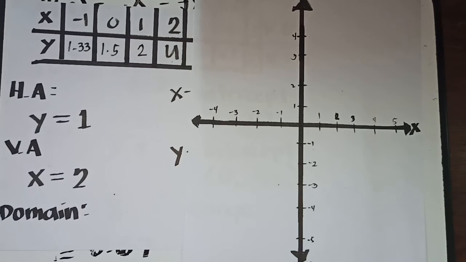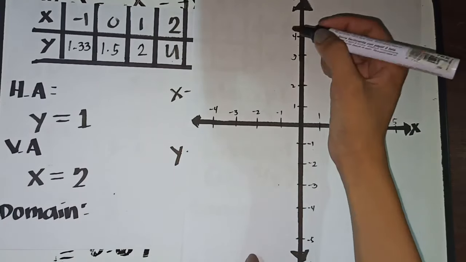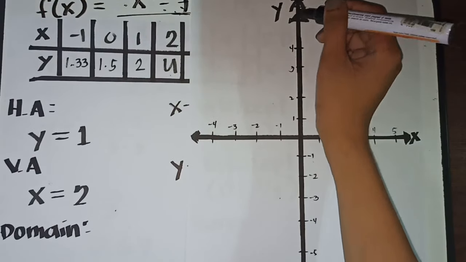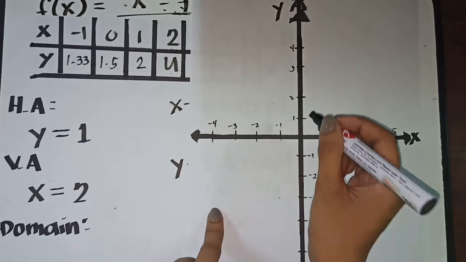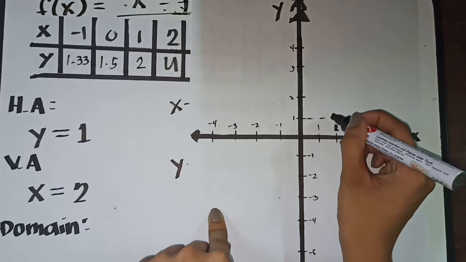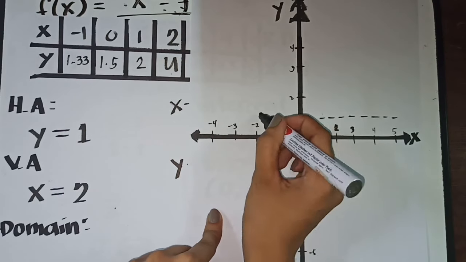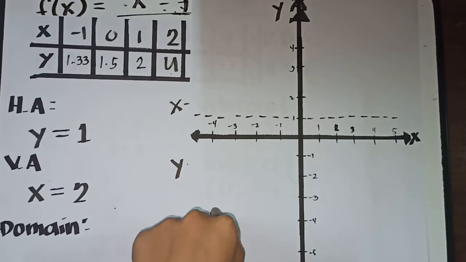So, for the horizontal asymptote, the value is y is equal to 1. So, ibig sabihin, sa y-axis, this is our y-axis. Hanapin si y is equal to 1. At iyon ang magsisilbing asymptote boundary or restriction mo.